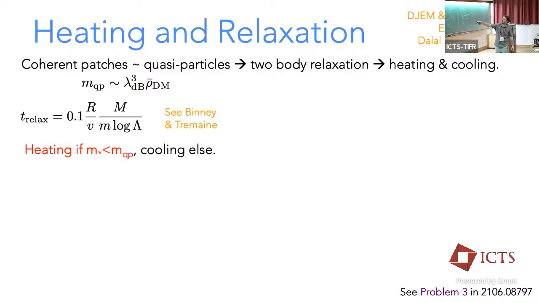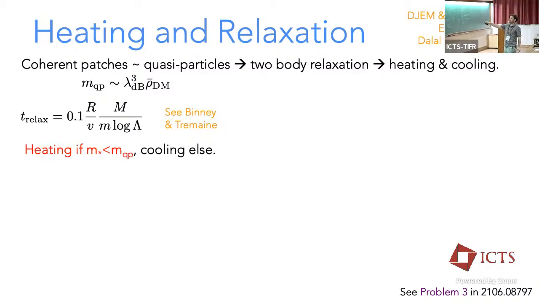The coherent patches, you can think of them as being like quasi-particles. These quasi-particles will collide with any stars that are present in that mix of dark matter and lead to what's called two-body relaxation. This is the formula for the two-body relaxation time. It's in chapter 1 of Binney and Tremaine, if you don't know it.